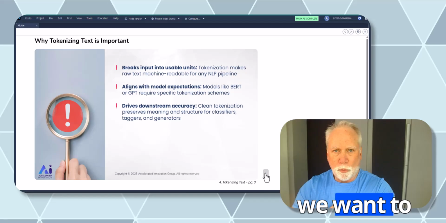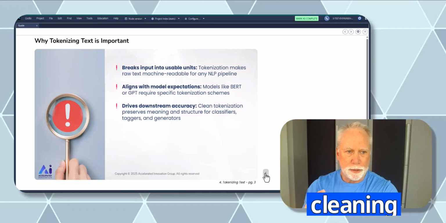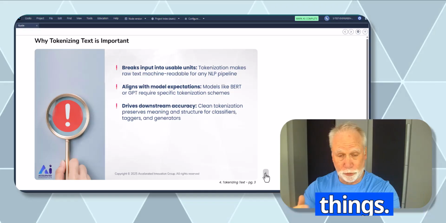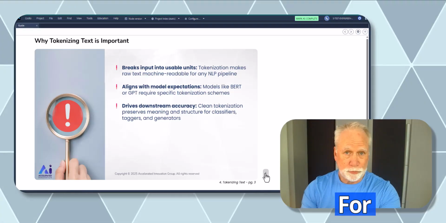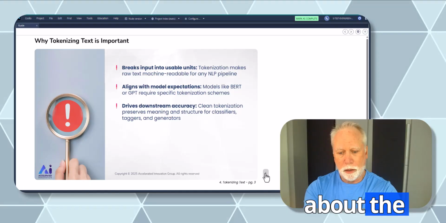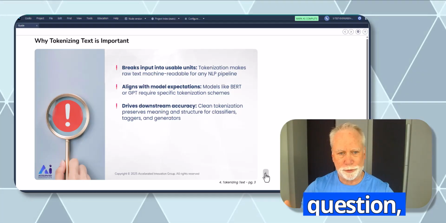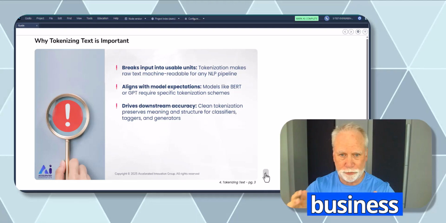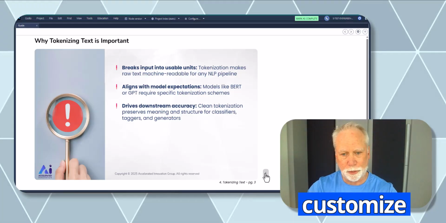And again, what we want to make sure is that we're cleaning and preserving meaning so that downstream things make more sense. For example, it could mean making some inferences about the work that we're doing. So if we ask a question, we need to classify whether or not this is for a business. Is it a policy? Do we need to customize it?